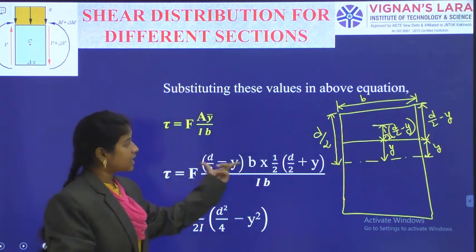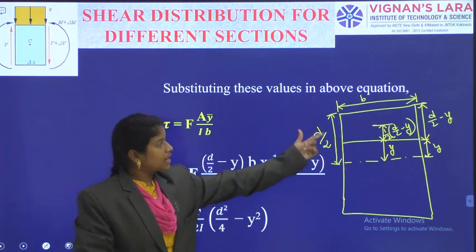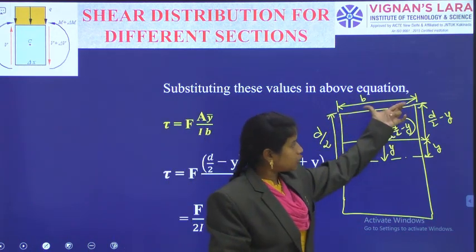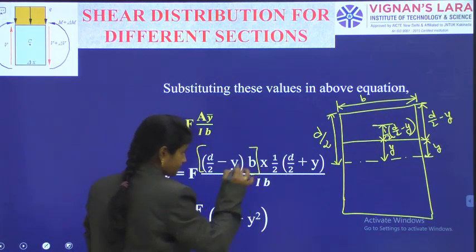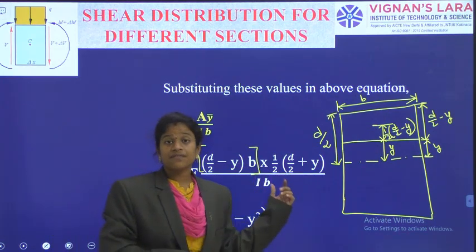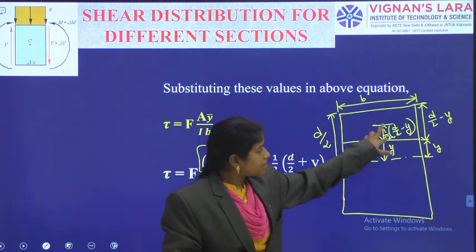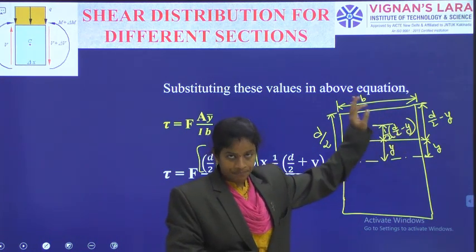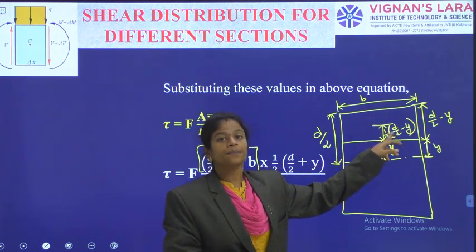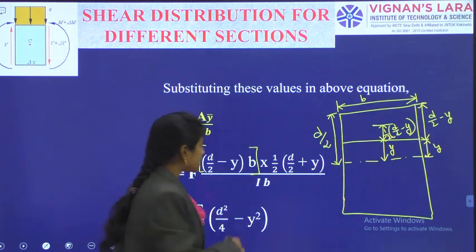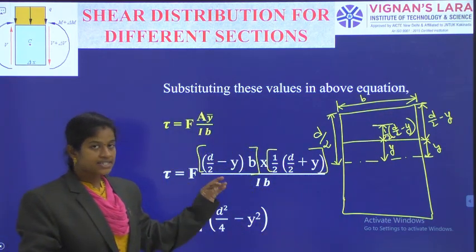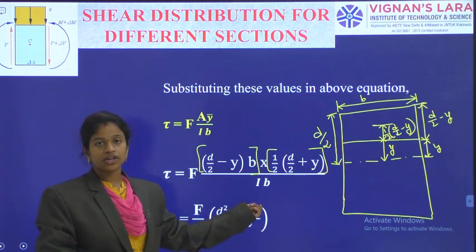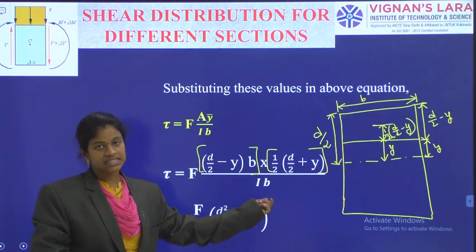So F initially, then area, (d by 2 minus y) into b as the area. That is multiplied by y bar. Y bar means y plus half of (d by 2 minus y), which gives half of (d by 2 plus y) as the y bar answer. Then I is the moment of inertia of the section and b is b only.